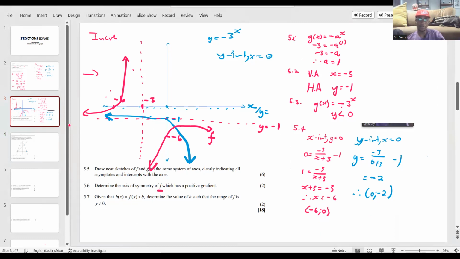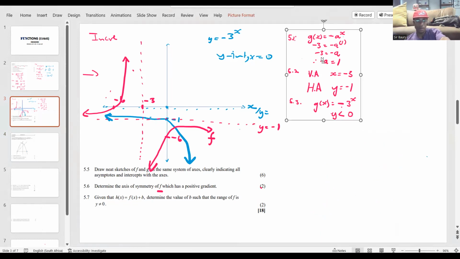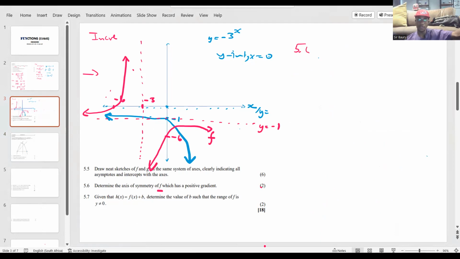So for number 5.6, the answer here: y is equal to negative 3 over x plus 3 minus 1. That is f of x. So my answer, y is equal to x plus 2. That's the axis of symmetry.